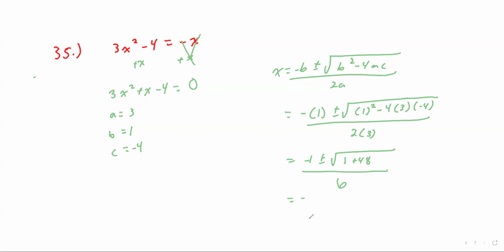That gives us negative 1 plus or minus the square root of 1 plus 48, which is 49, divided by 6. Square root of 49 is 7.